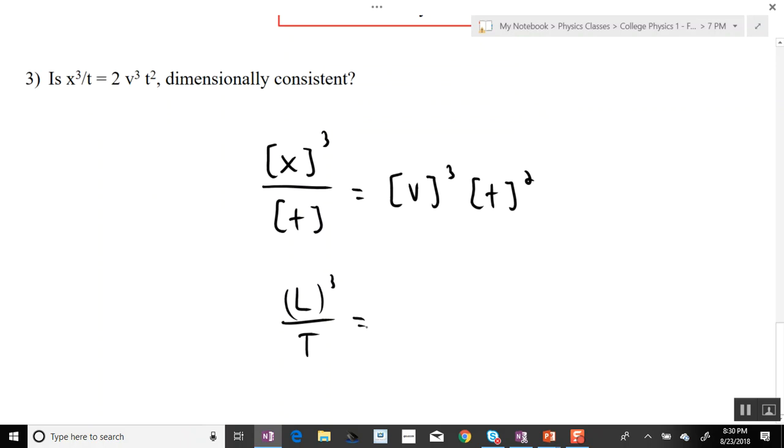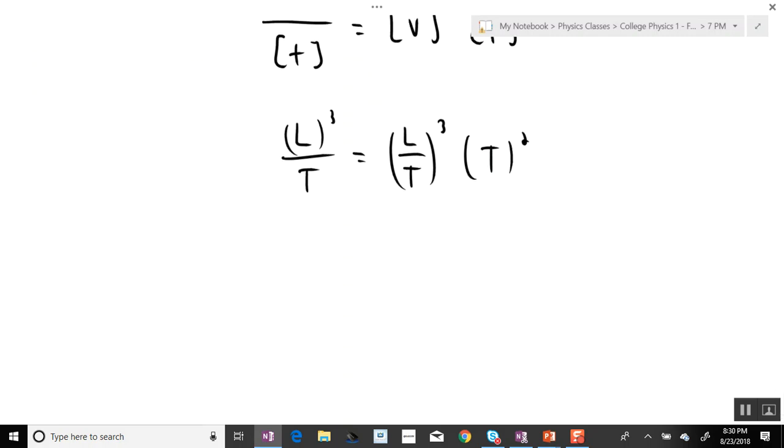One more time, the dimensions of v, and the dimensions of t squared. So this becomes L cubed over t. The first thing is L cubed over t cubed, and then you multiply by t squared, because it's t squared.